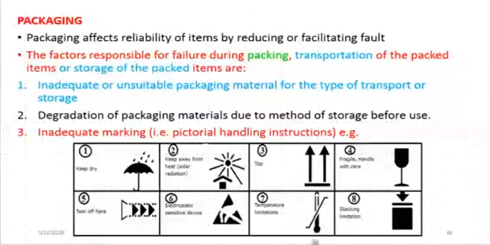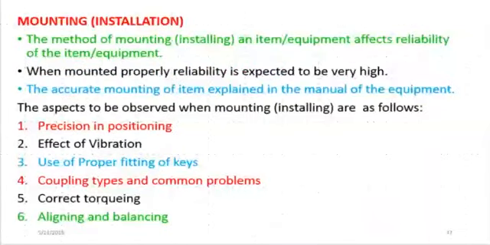And if you see this symbol of thermometer, it is telling you the maximum temperature at which you should store it. And this arrow pointing down, it is showing the stacking limitation. What they mean by stacking limitation is how many other similar packs you can put on the top without causing trouble. So all these symbols are very important. They have to be observed if we want to achieve higher reliability.